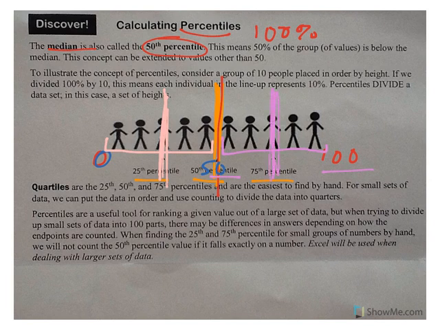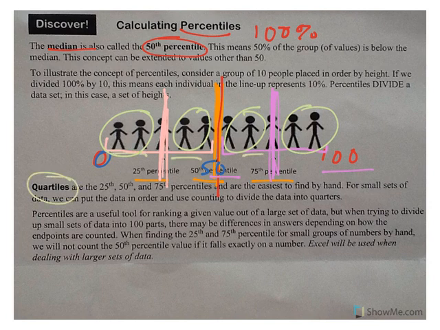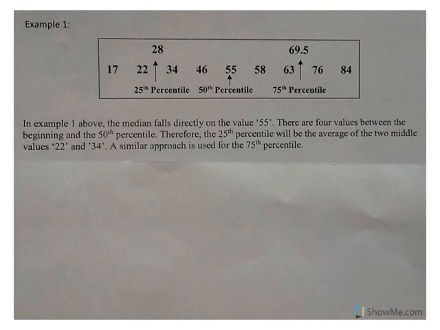So it's that person who cuts it in half. And you'll notice I have 2 people between each vertical line. We call these quartiles because I have 4 quarters, 4 equal places. Okay? And we're going to do quite a few more examples with this, with numbers, not just people, so you can see this play out.